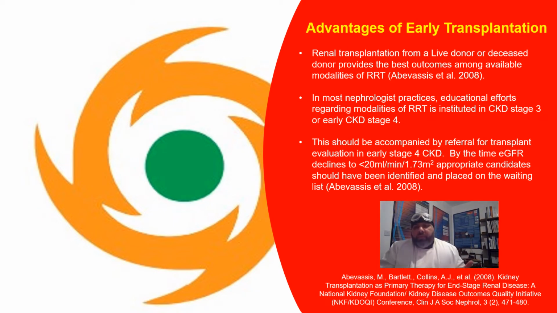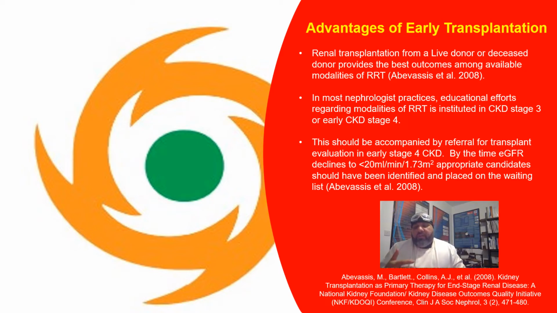So there are obviously advantages and disadvantages. Advantages of early transplantation include that renal transplantation from a live donor or deceased donor generally provides the best outcomes amongst available modalities of renal replacement therapies.